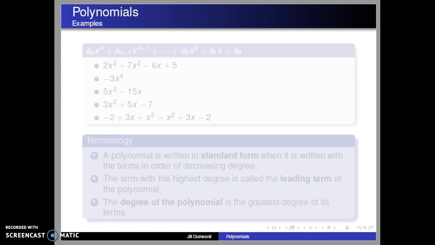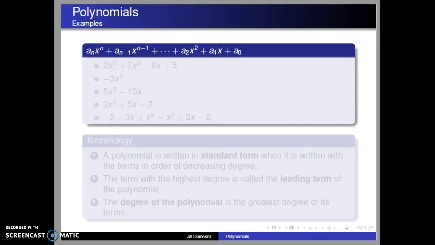Let's look at a variety of examples of polynomials. In general, a polynomial is a sum of terms of the form a times x to the nth power, but we often number our coefficients to match the degree of the term.